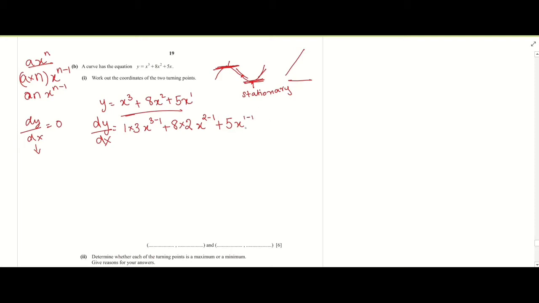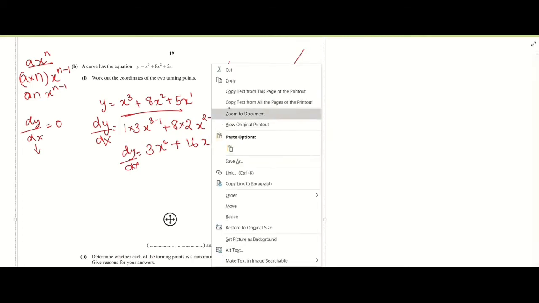That is basically x raised to 0, and x raised to 0 is 1. Plus this is going to be x raised to 2 minus 1, so 8 into 2 is 16, plus 3x squared. So dy by dx equals that. So basically I can remove this and this.